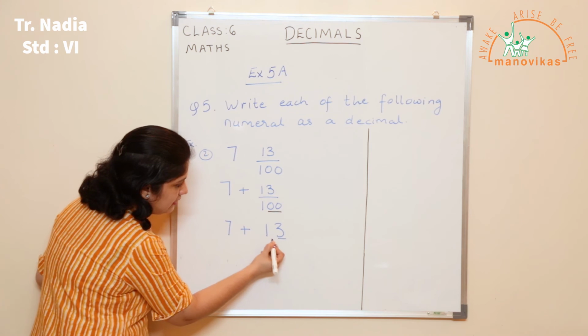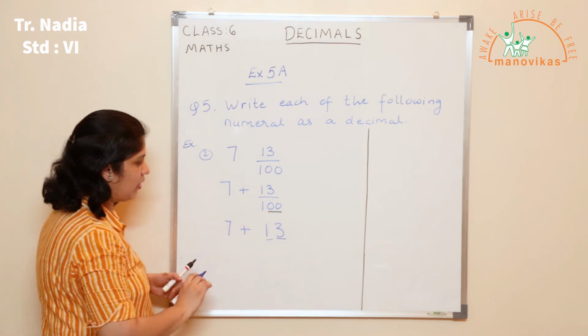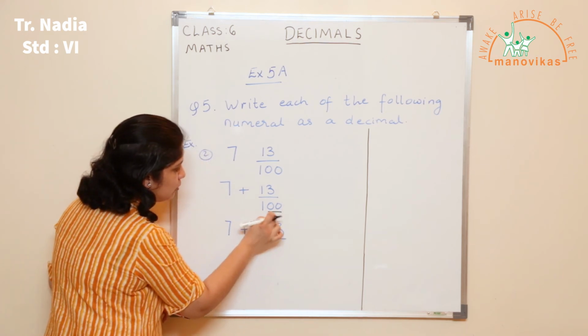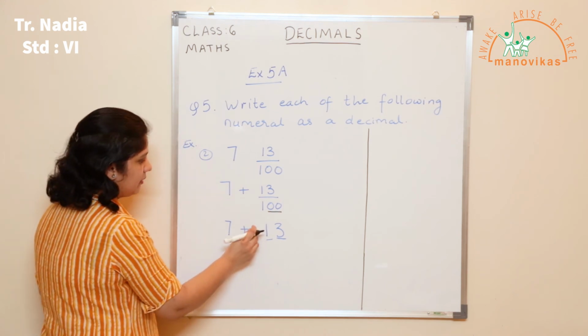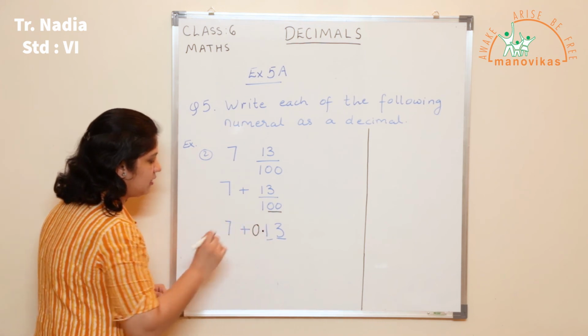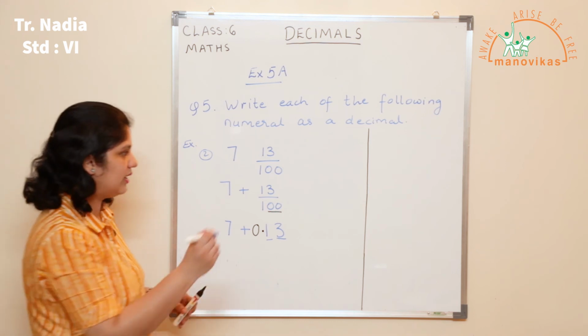I have 1, count backwards, 1, 2. So 2 places are already there. My decimal point will come here. 2 zeros, 2 decimal places. Don't keep the place before the decimal point empty. If there is no digit, put a 0. So now this becomes 7 plus 0.13.